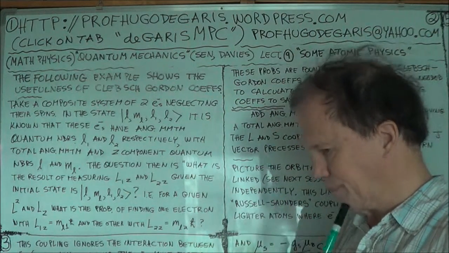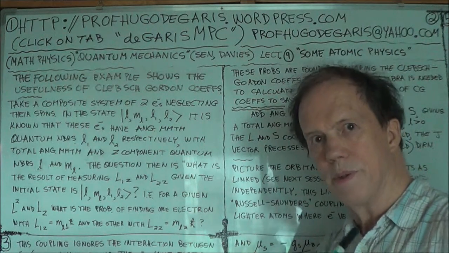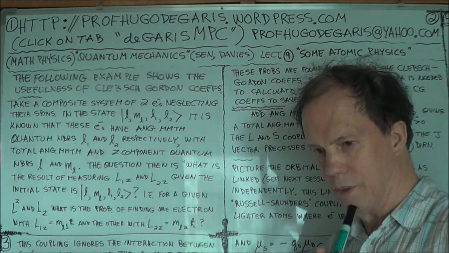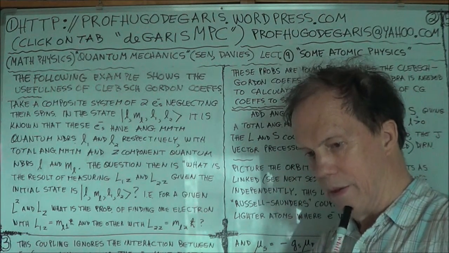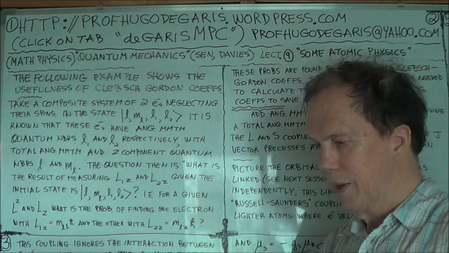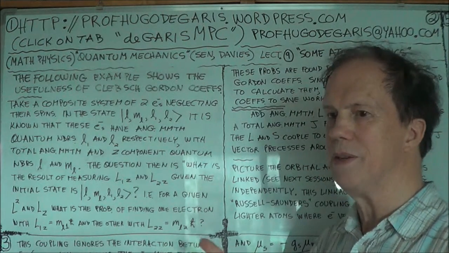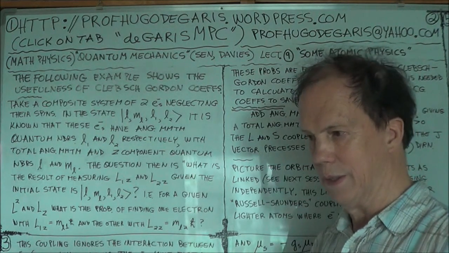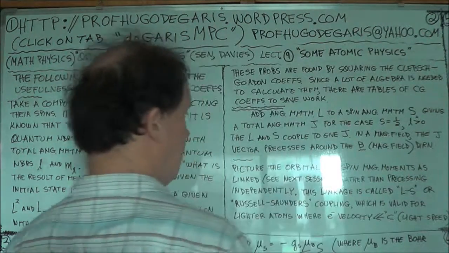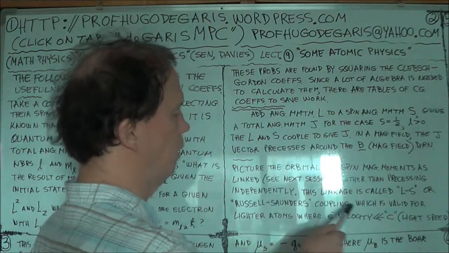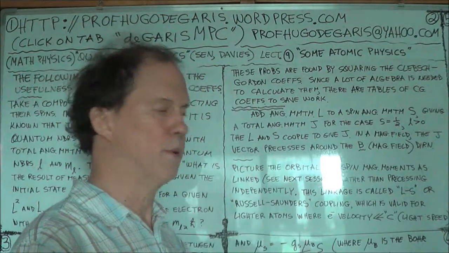When you have a heavier atom, that means more protons in the nucleus, so a stronger force on the electron, because of greater Coulomb attraction, and so there's more energy involved. The speeds of the electrons increase and get close to the speed of light. So this type of coupling becomes, in numerical terms, relatively less important.